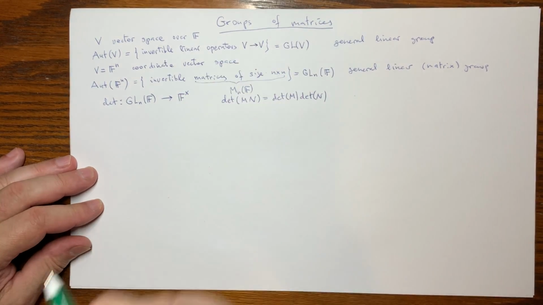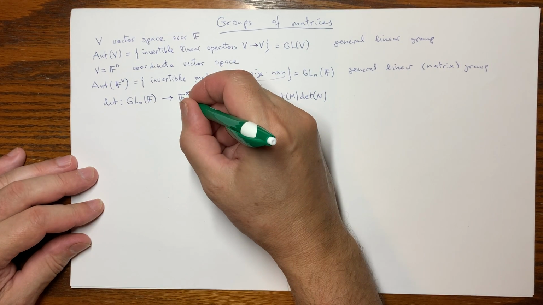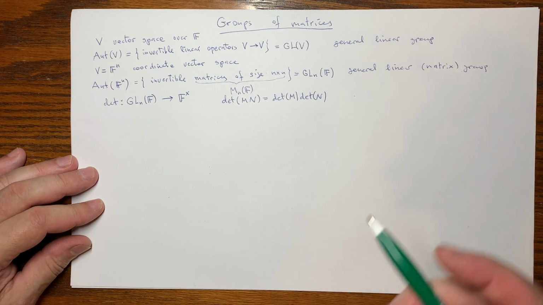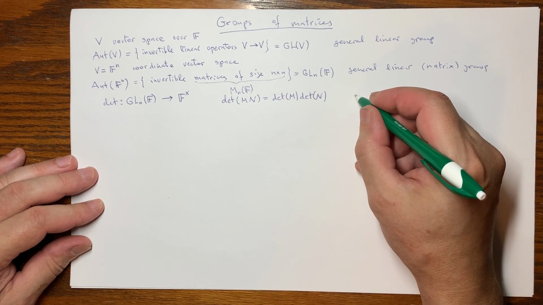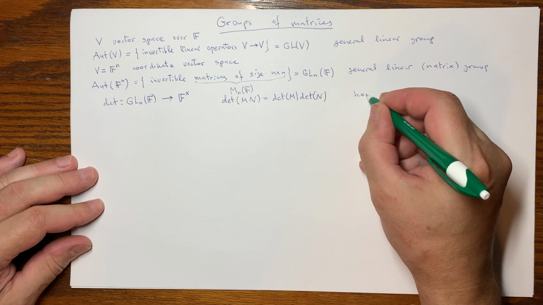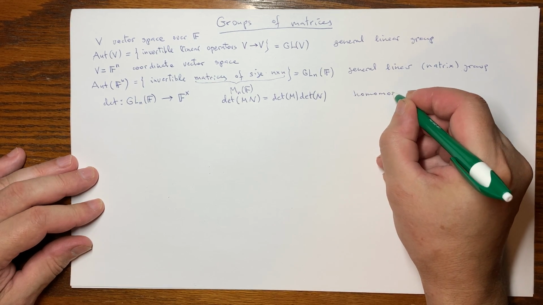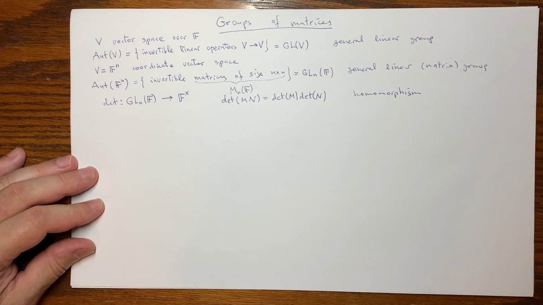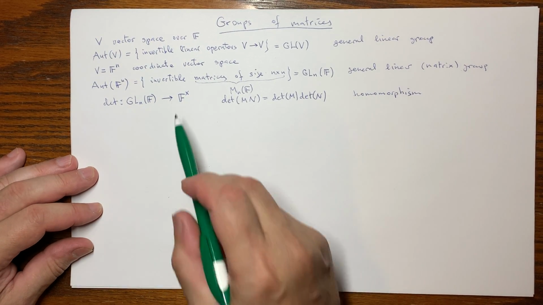The notation for that multiplicative group is F with a cross, which is just the collection of all nonzero scalars. Under multiplication, they form a group. So the determinant is a group homomorphism.